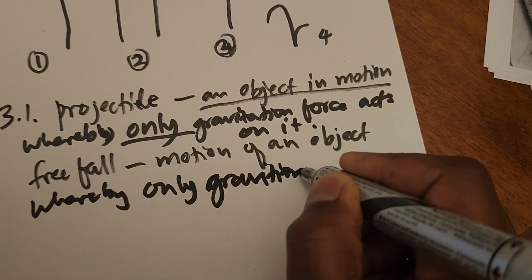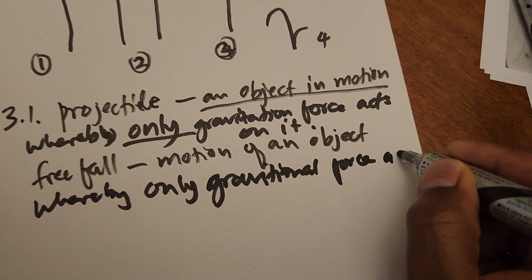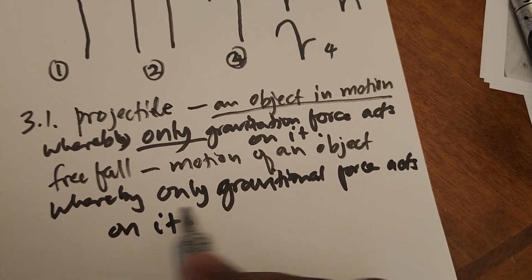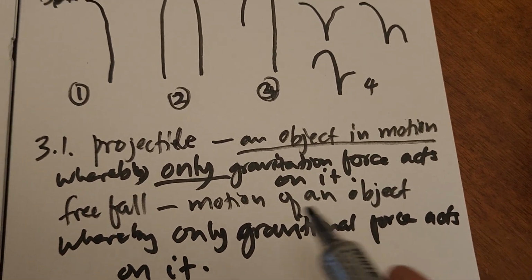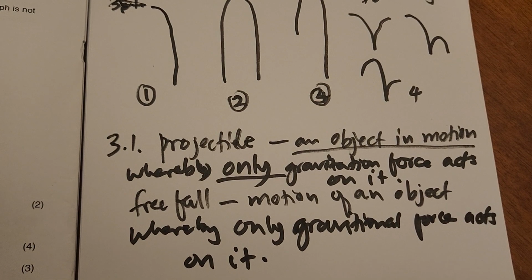I think it's a simple definition because there are keywords there that the mark acts on it. They mark the last part. Now we talk about the motion and then only gravity acts on it, then that's the case.